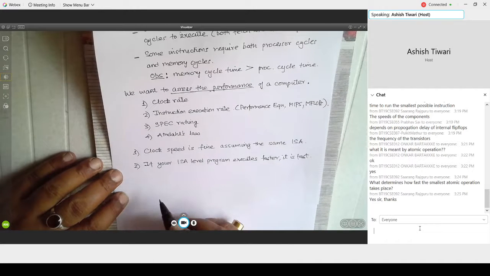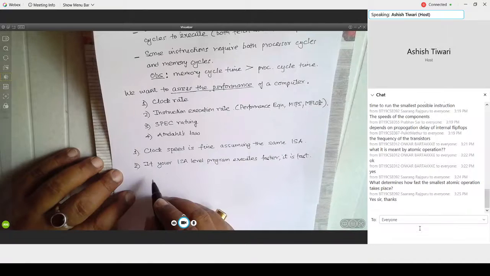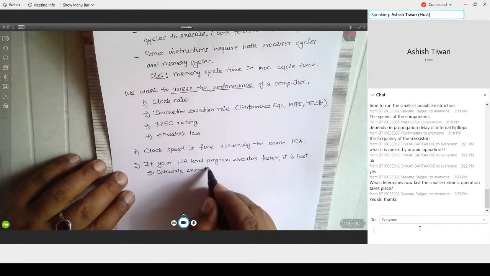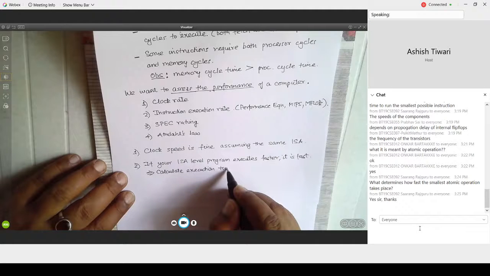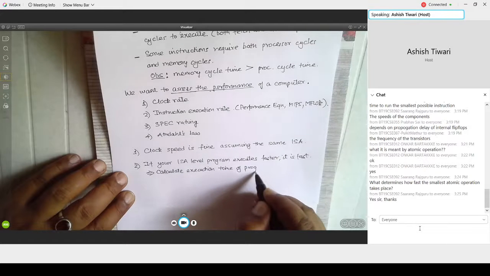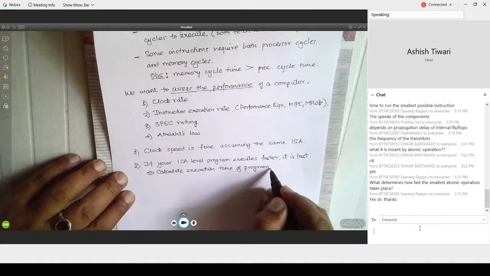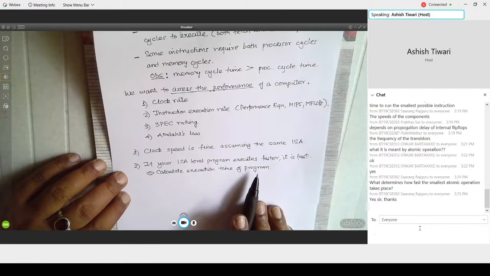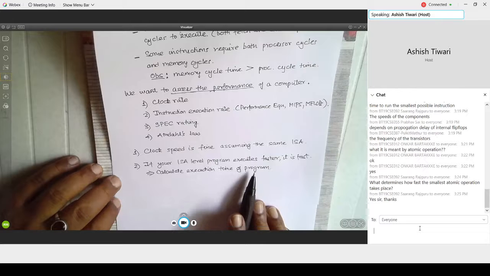So what do we want? We want to calculate the execution time of a program. And in this course, whenever I say a program, it will always be an ISA level program unless I say otherwise, right? For example, you do a C programming course.